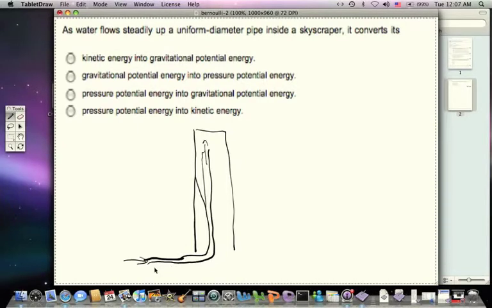But what does change is down here you've got kinetic energy and you've got potential energy. And the idea is here basically the potential energy is low, and so the pressure has to be high.